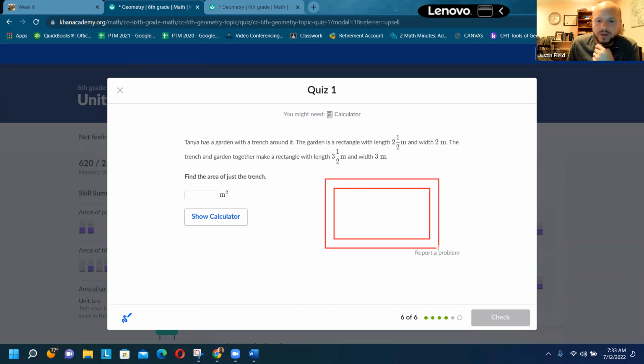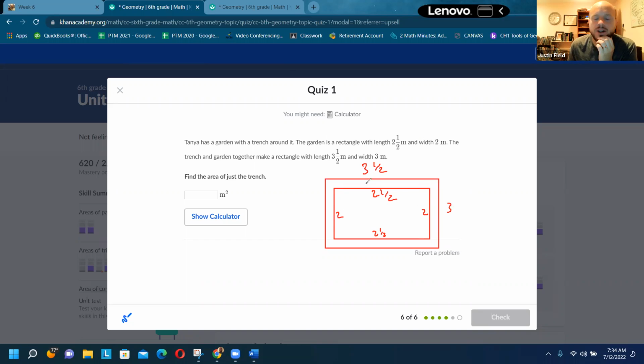There we go. Trench around the garden. And the garden is a rectangle, 2.5 by 2. Like that. The trench and the garden together is 3.5 by 3.